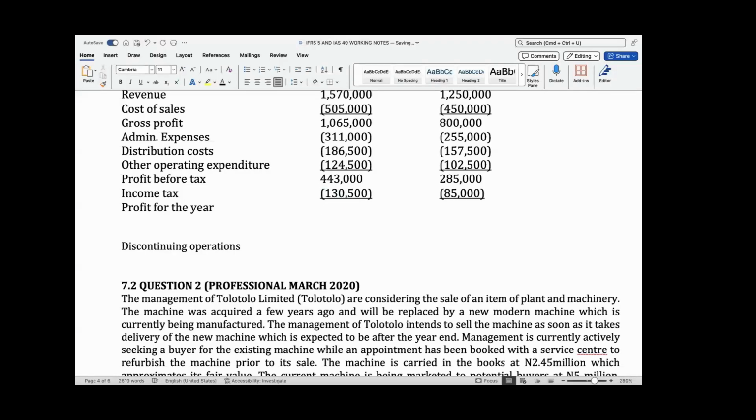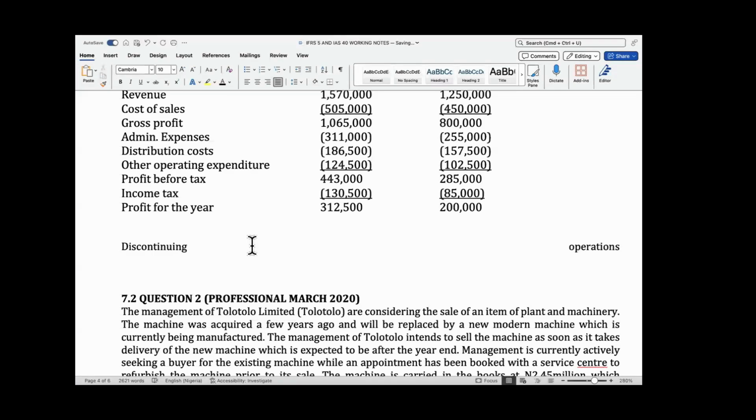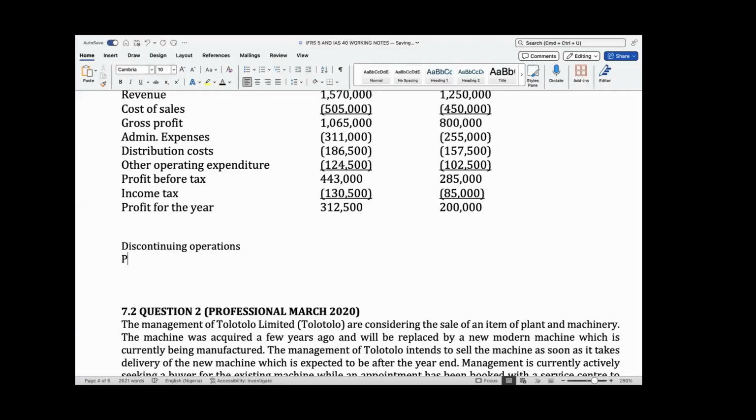So what's our profit for the year? 312,500. Now, for the discontinued operations, you can just have the post-tax profits from discontinued operations.